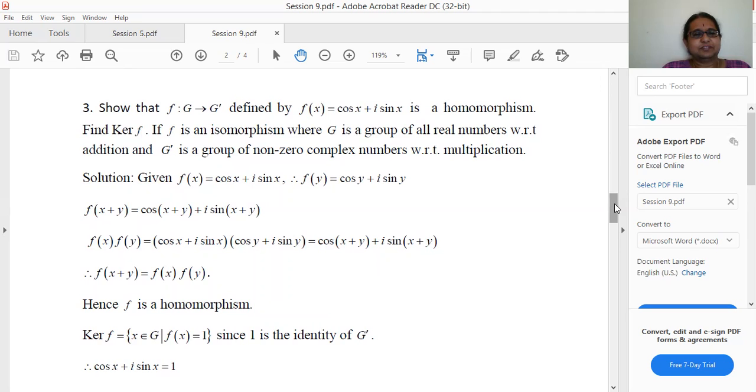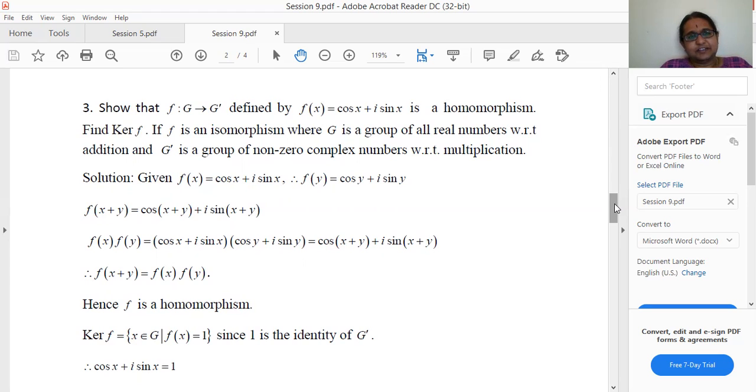So that will be equal to cos x plus I sin x into cos y plus I sin y. Now multiply and simplify. So this will be equal to cos x cos y minus sin x sin y plus I times cos x sin y plus sin x cos y. So we have two real and two imaginary quantities.